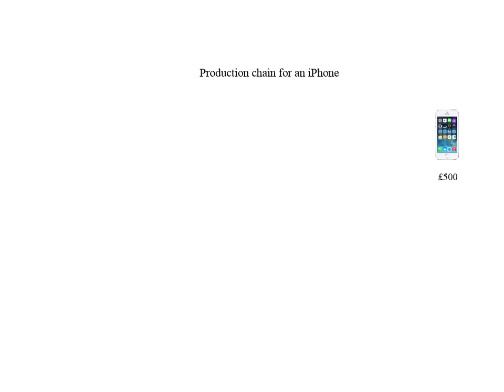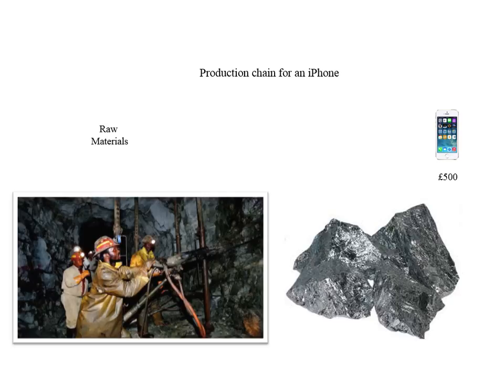Another good, our iPhone, is sold for 500 pounds. The first stage is, of course, the raw materials that you make the chip from. Where's my iPhone, by the way? Oh, here. Silicon mainly. This is mainly extracted from which country? South Korea. South Africa.